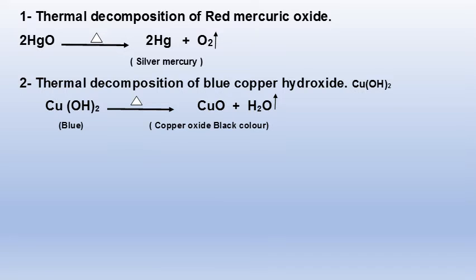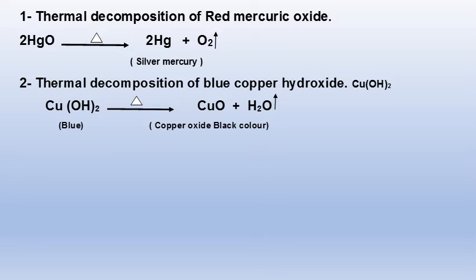Copper hydroxide, its chemical formula Cu(OH)2. Its color is blue. By the effect of heat, it decomposes into its elements, which are copper oxide that has a black color, and H2O evolves, and this means that this is water vapor, not liquid.